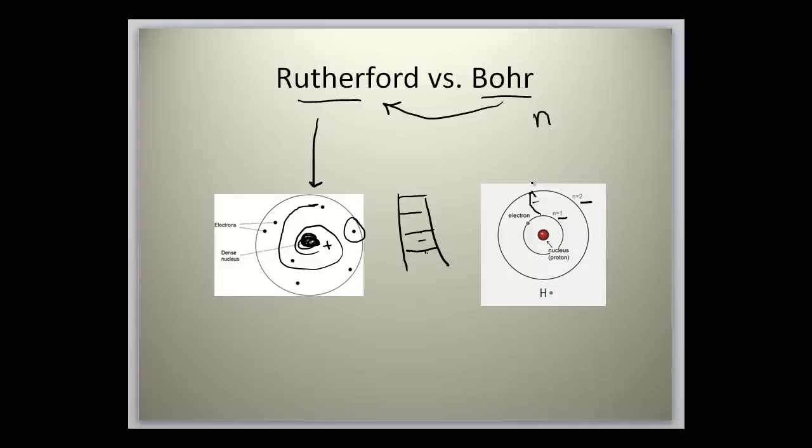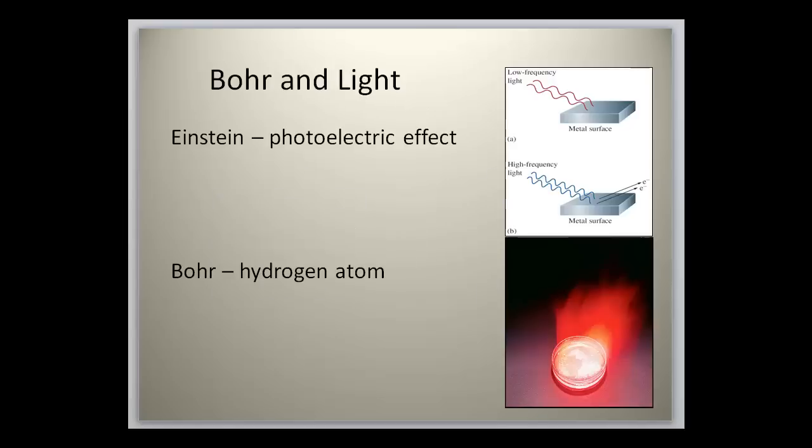As you move away from the nucleus, the overall energy of those levels gets greater, but then what you'll see is the steps in between each level get smaller. And that's an important point, that the amount of energy to go from the first to the second energy level, in other words, to go from 1 to 2, is a greater jump than to go from 2 to 3, etc. Okay, so let's take a little bit closer look at Bohr's model.